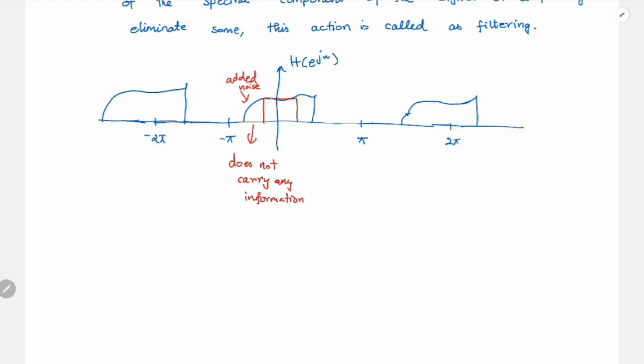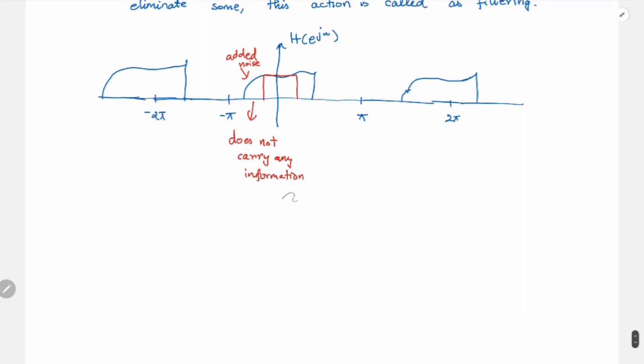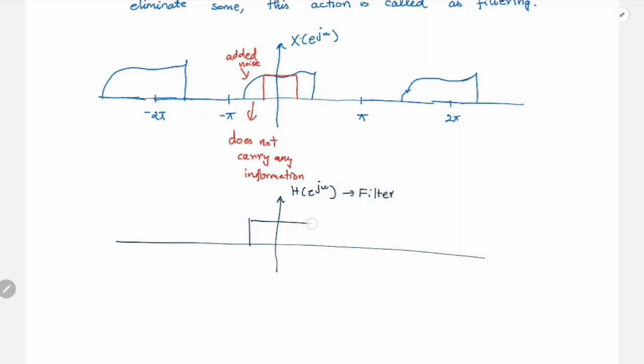I will not want my original signal to be corrupted by noise. So what I will do, I'll put a filter. Let me call this my signal's frequency components, x of e power j omega. Then I'll put a filter, h of e power j omega, so I'll recover only that part. Pi, 2 pi, minus 2 pi, minus pi.